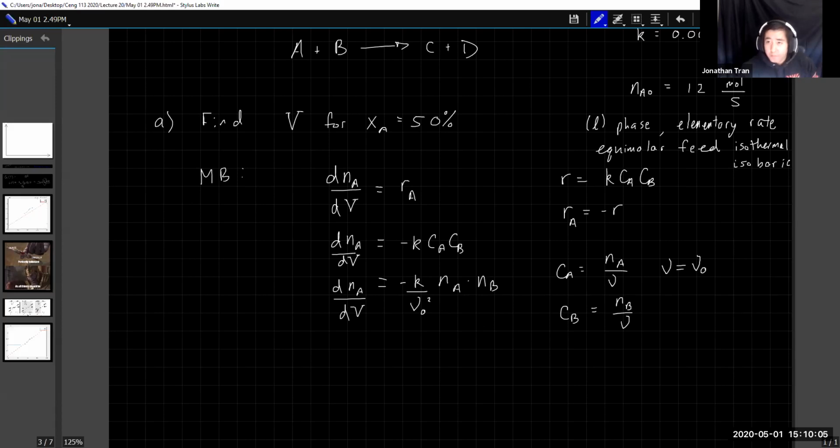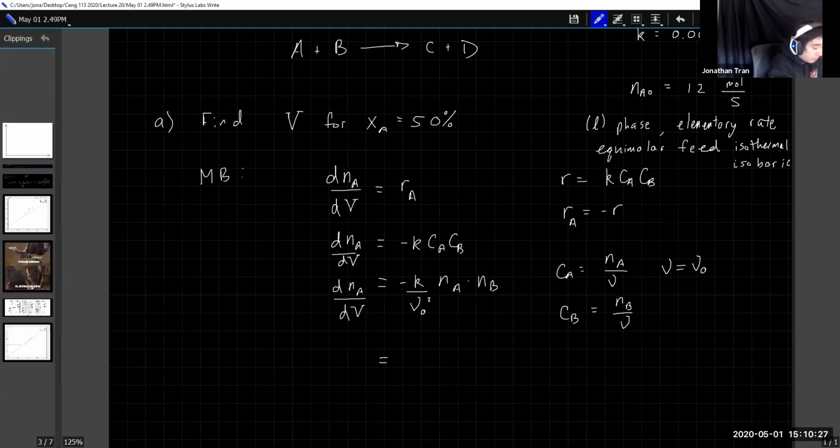And going a little bit further with the algebra, because this is a first order differential equation, and it's a separable equation, we're going to move some variables around to get all the NAs on one side and all the V's on the other.